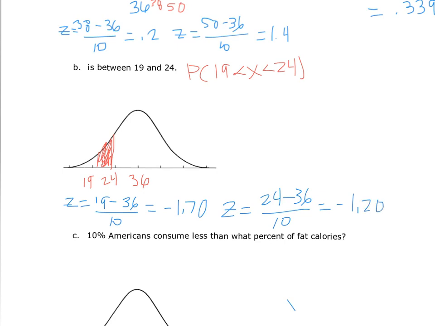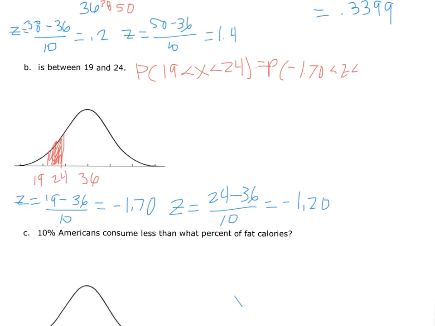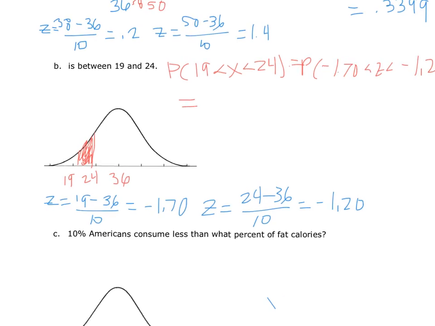So this is the probability that z is between negative 1.7 and negative 1.2. So again, we need to find the probability that x is less than 24, or the probability that z is less than negative 1.2, and then subtract off the probability that x is less than 19, or z is less than negative 1.7.